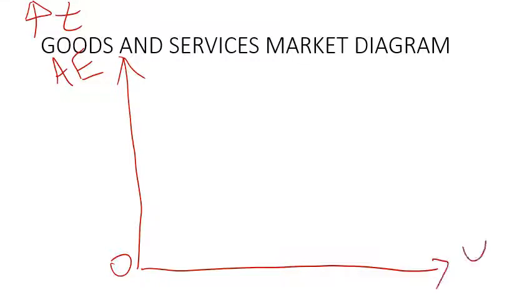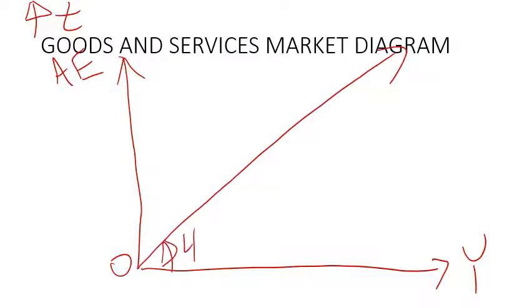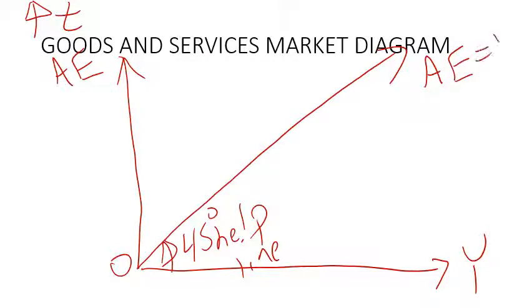On the x-axis, GDP, or gross domestic product. Out of the origin, we have the 45-degree help line. And remember that any point along this 45-degree help line represents an equilibrium, a point at which aggregate expenditures are equal to GDP.